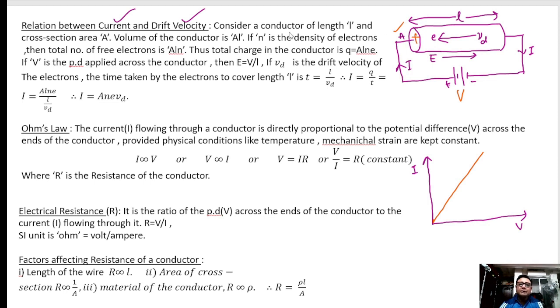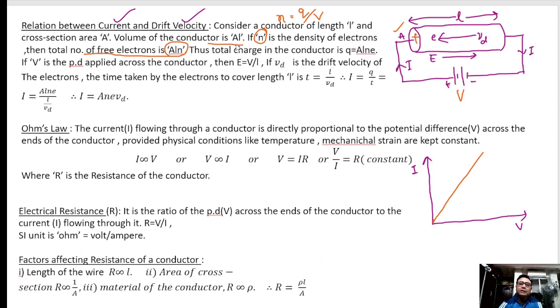If A is the cross-sectional area and L is the length, the volume of the conductor is A into L. Now if n is the charge density, that is the number per unit volume, the total number of free electrons will be ALn.